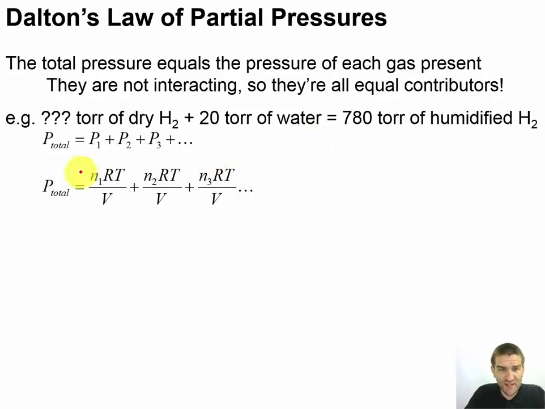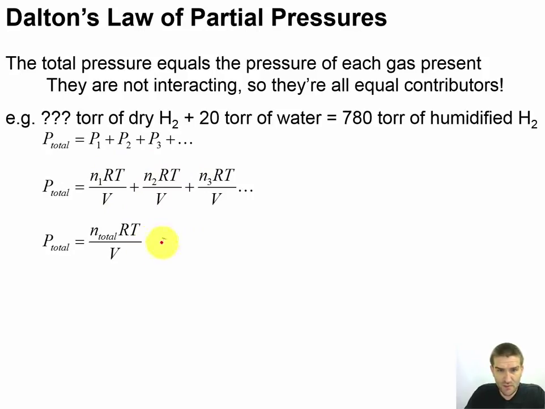So when we chain them all together, we get total pressure equals number of moles times RT over V, which means we can also simplify this by just taking RT over V, pulling that out front, and putting everything else in parentheses where we just say N1, N2, N3.